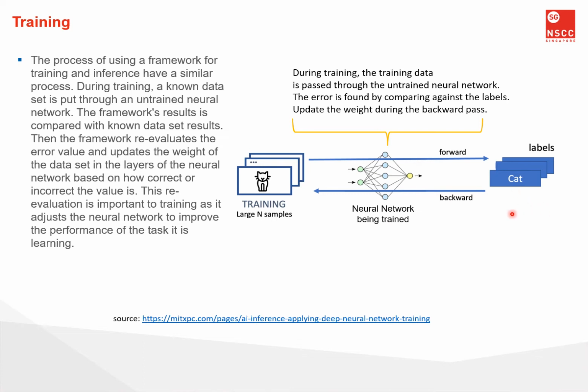So these labels are passed to it as well as part of the training data. The framework results are then compared with the known dataset results, which is the label, and then the framework re-evaluates the error and back propagates this data through the neural network to update the weights, and the weights basically represent the correct set of values to be used within the algorithm itself.